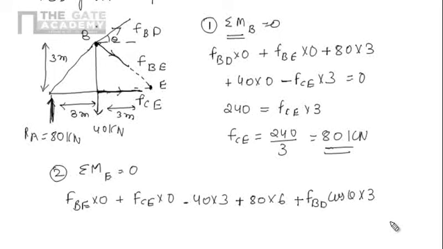Similarly, for the sine component, we have FBD sin theta, and perpendicular distance is again 3, and the direction is clockwise, so it is positive. The summation should be 0. So here we consider all forces, and now we will simplify it.